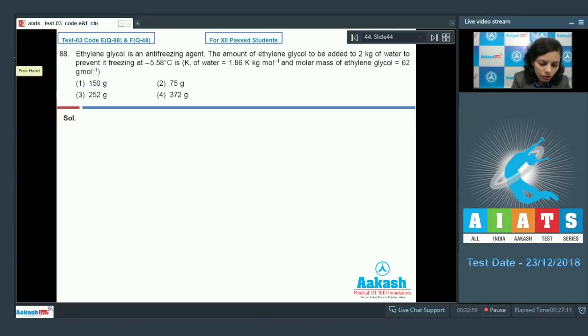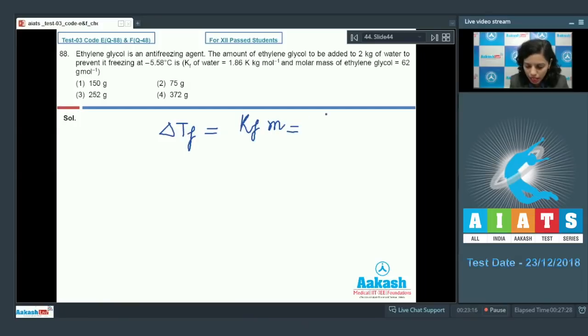Let's solve this question. What we need to find out here is the amount of ethylene glycol to be added. So we know that delta Tf is equal to Kf m, where m is the molality of the solution.